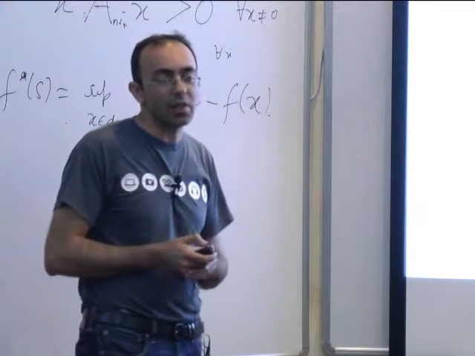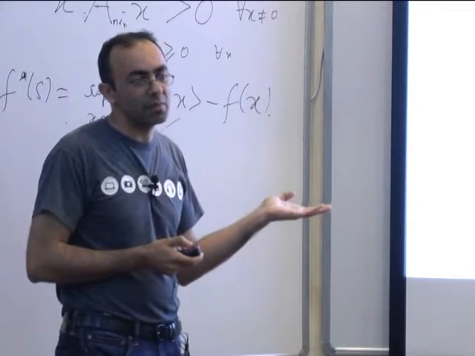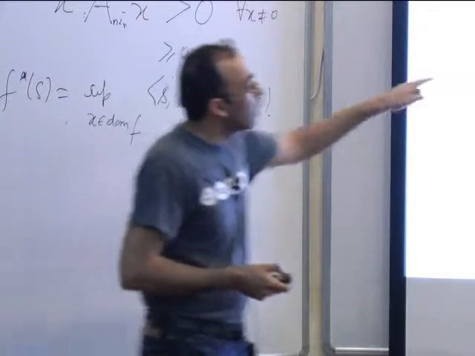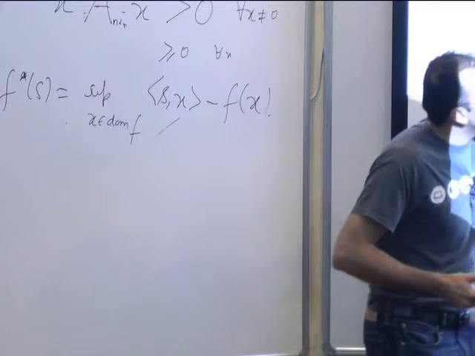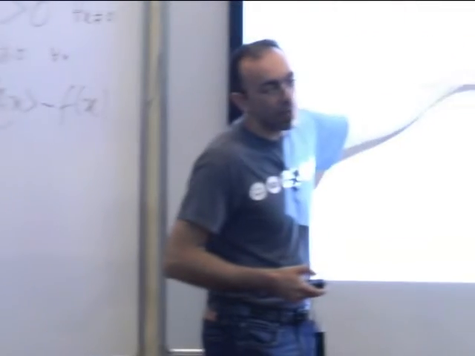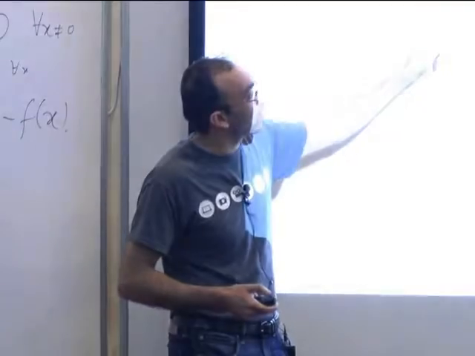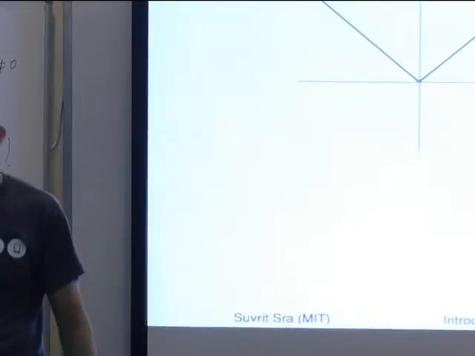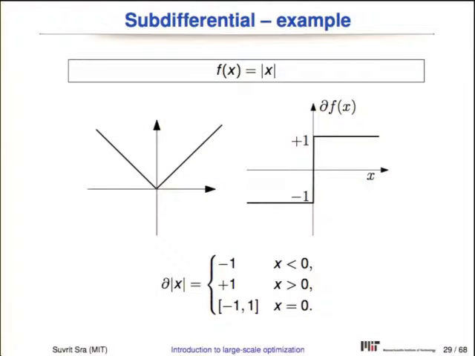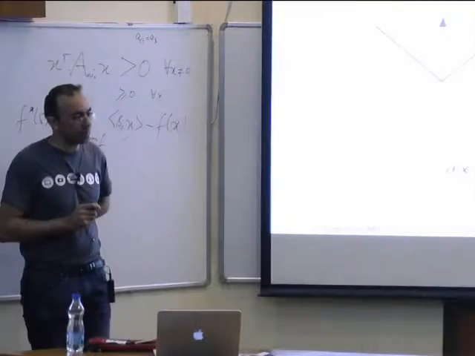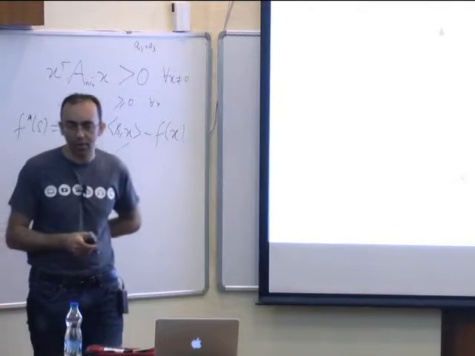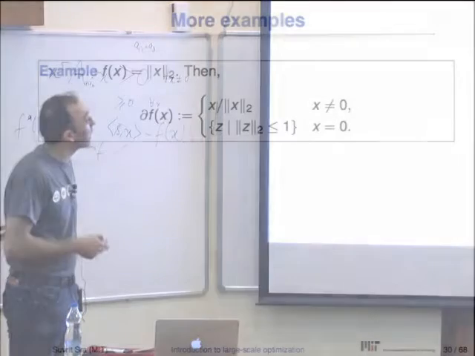When x is strictly smaller than 0, the derivative is -1, otherwise +1, and when you're at 0, all possible slopes, and here we know the slopes are from -1 to +1, are our subgradients. So we managed to fully characterize that. This is one of those lucky circumstances where one can do this. Typically you cannot do this. It's too hard to determine that.